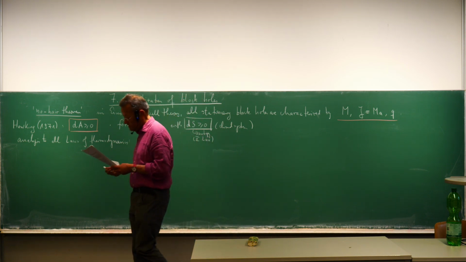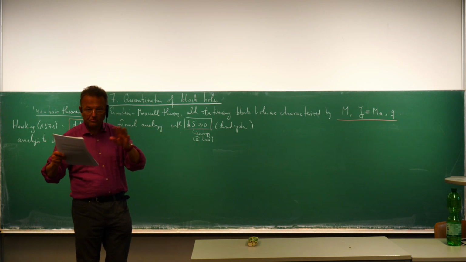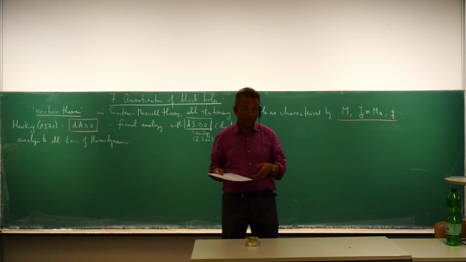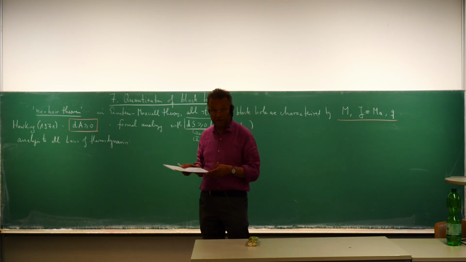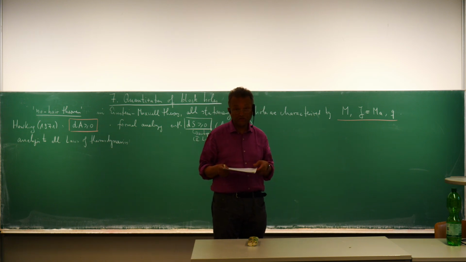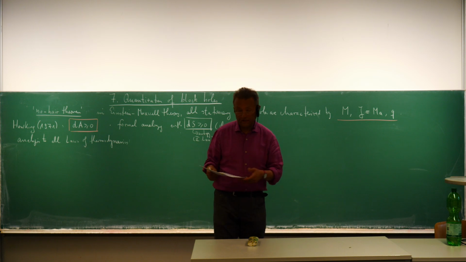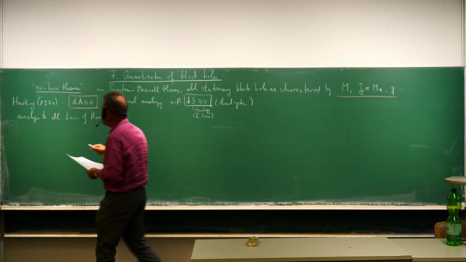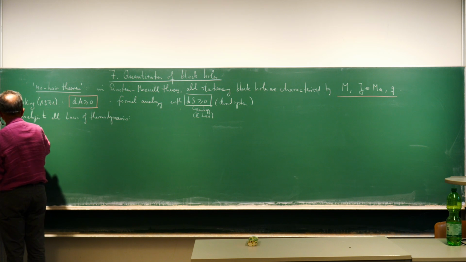Now the zeroth law says that temperature is constant on a body in thermal equilibrium, and in fact there is an analogous quantity in black hole physics that also has such a property, namely the surface gravity of a black hole. One can prove that it's constant all along the horizon, and this you can call the zeroth law of thermodynamics.